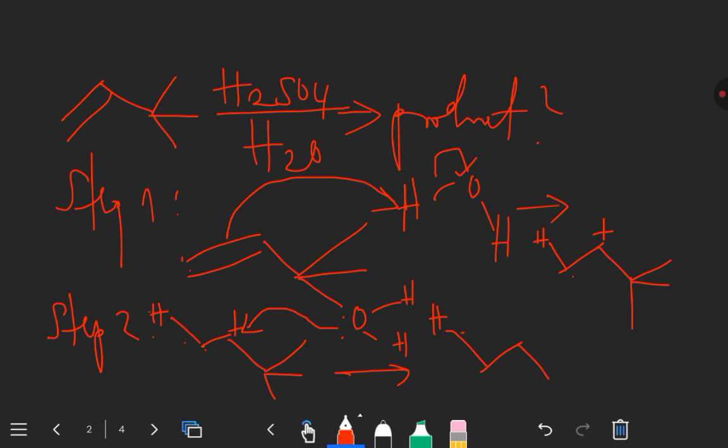So this is bonded to 3 bonds. Okay, so we have this, then we had a hydrogen here. So our carbocation was at this point, meaning that we'll have our water bonded at this point. So we'll have our water here.